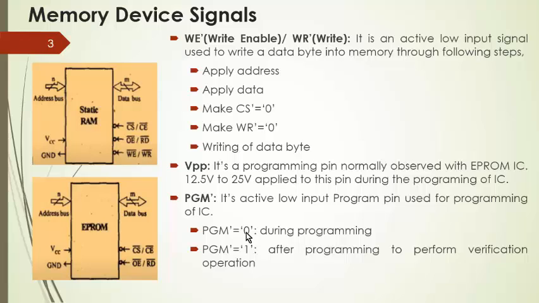So during the programming, PGM bar you have to make low, and after the code writing in the ROM, for verification this programming pin is connected to 1. So PGM bar equal to 1 after programming to perform the verification operation. So these are the various signals observed with the memory ICs, that is RAM and ROM kind of memory ICs.